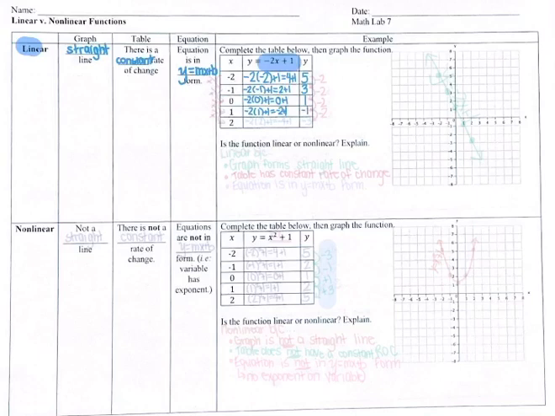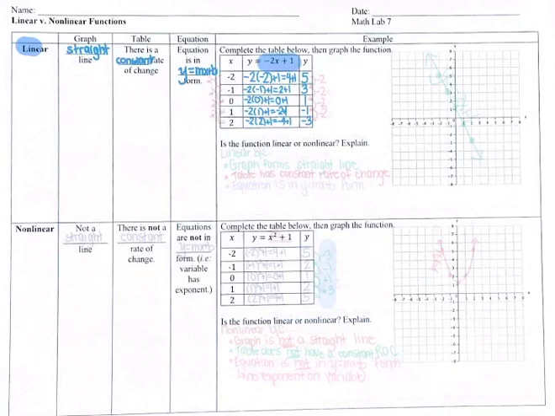Last but not least, we have 2. -2 times 2 plus 1. -2 times 2 is -4, plus 1 is -3. So now we have completely filled out our table.